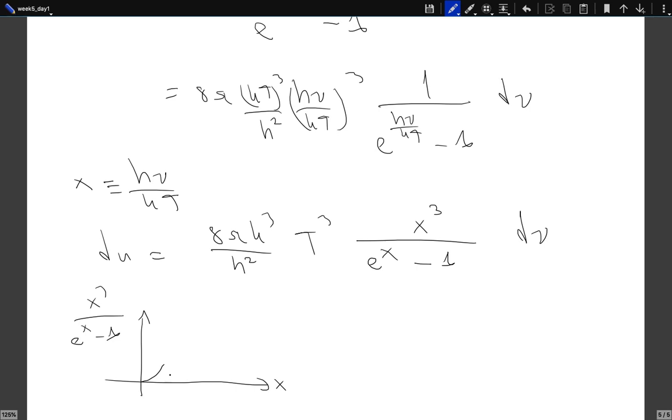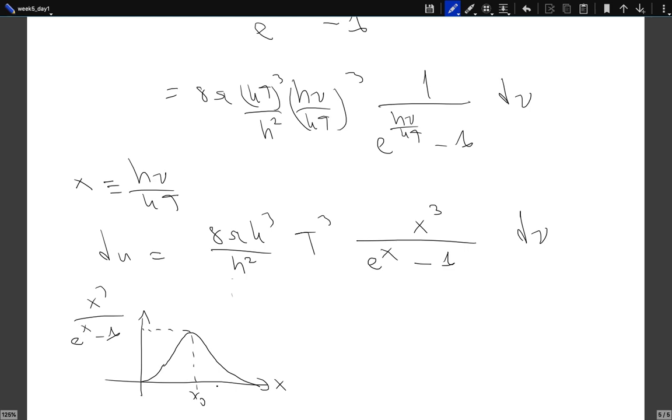Although x cubed is increasing, e to the power minus x will just send it to 0. So this will be its shape. It has a maximum at some value of x0, and at that value, it has some maximum number, whatever the number is. I don't really care about x0 and that maximum number for the time being.